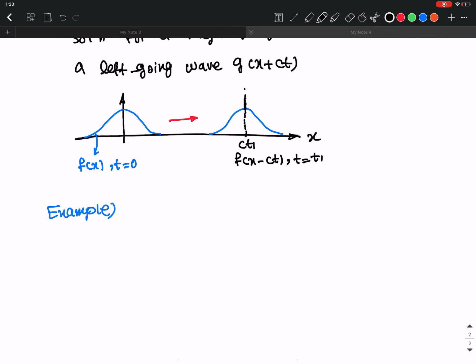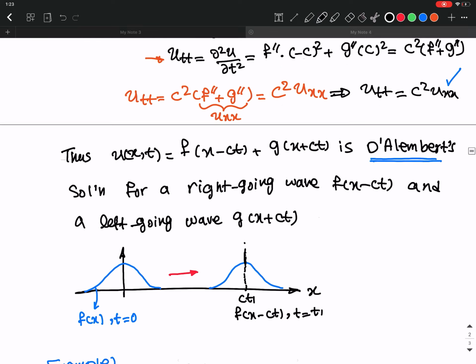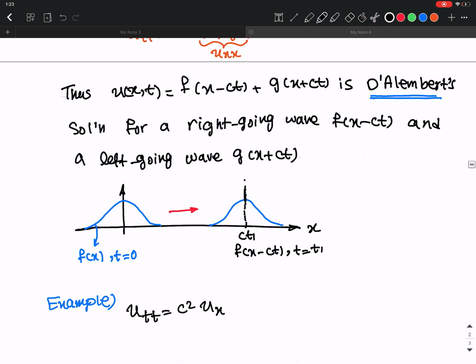Say you have again the same equation, u_tt equals c squared u_xx, and we want to solve it for the following initial condition.